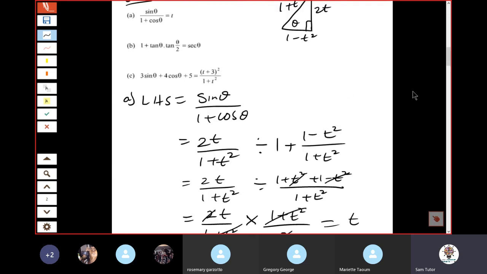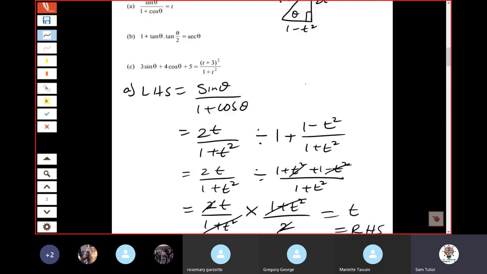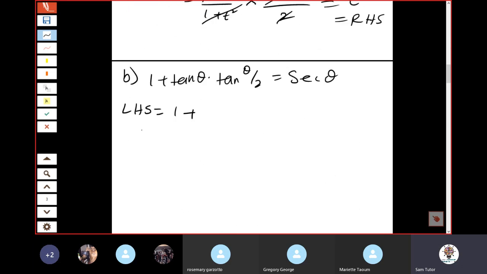Look at your triangle, opposite over adjacent. Tan theta is 2t on 1 minus t squared, times tan theta on 2. What does tan theta on 2 equal to? T. So tan theta on 2 is just t.